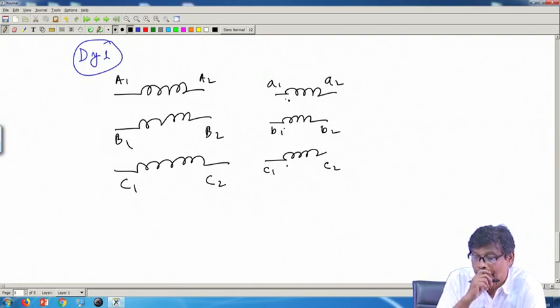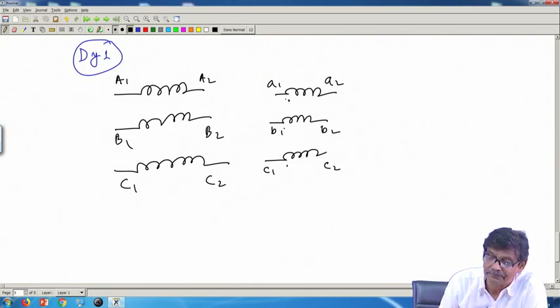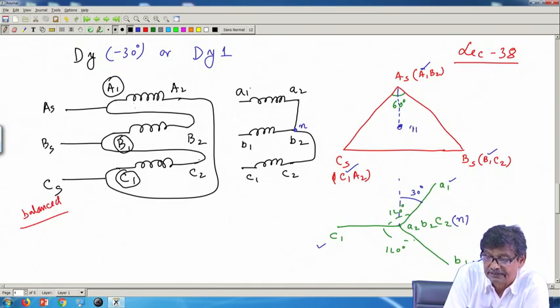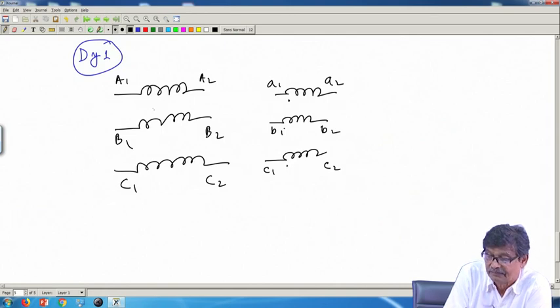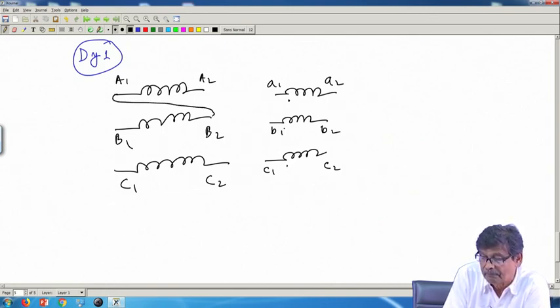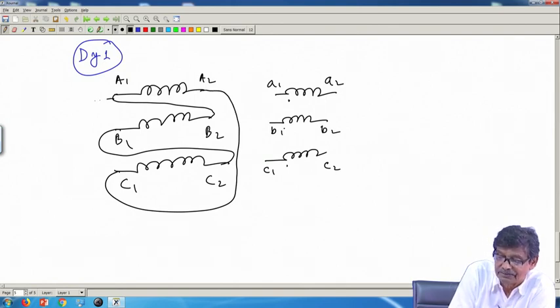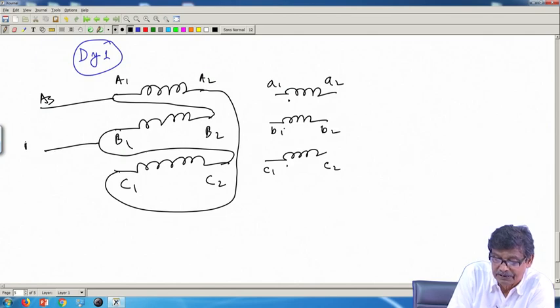Then what I am telling, you connect this as delta like this, for example. Same thing I am doing, do not worry, this is AS, this is supply BS and this is supply CS.